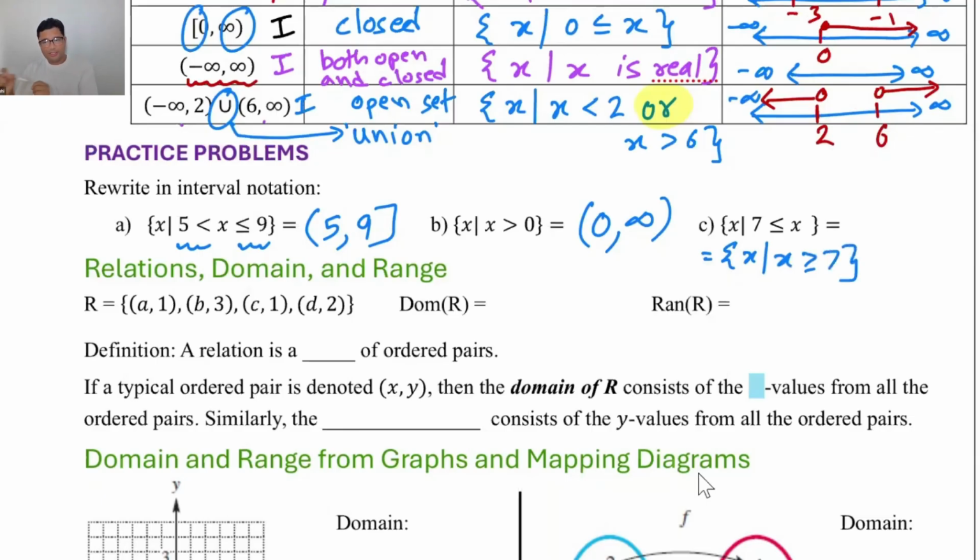See, 7 is equal or less than x means x is equal or greater than 7, right? Then you understand that we are starting at 7, including 7, equal or greater than, and all the way till infinity. Now, just because you see the equal or less than symbol there, don't write negative infinity to 7. That is a common mistake. You have to understand what values of x we are including here: equal to 7 or more than 7, right? So 7 and right of 7 on the number line.